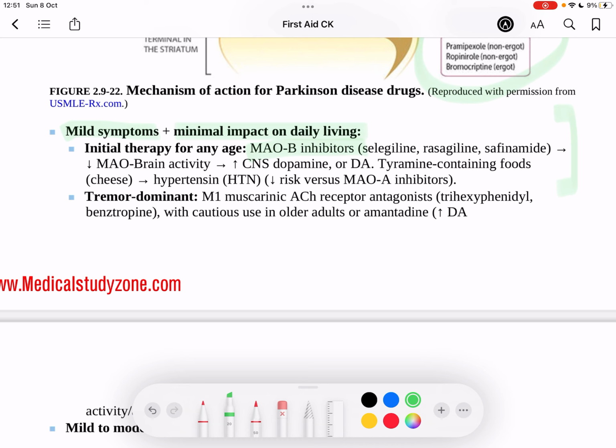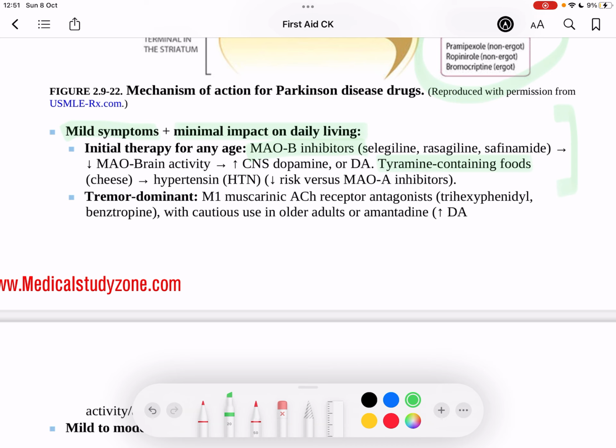A very important fact to know about whenever you give somebody a monoamine oxidase inhibitor is that they should not be eating foods that are rich in tyramine. Tyramine is usually found in things like cheese, but also chocolate as well. I think it's found in some alcohols as well. Monoamine oxidase, the enzyme, also exists in our gut, and that breaks down tyramine in the gut. So if I give a monoamine oxidase inhibitor, that prevents the breakdown of tyramine in the gut, allowing for more absorption of tyramine.